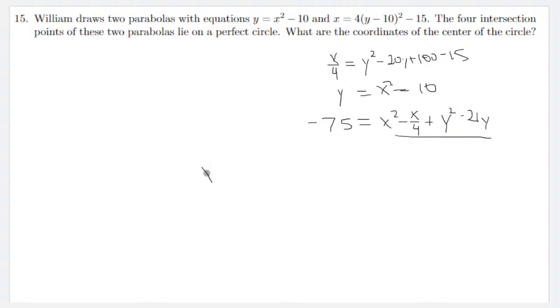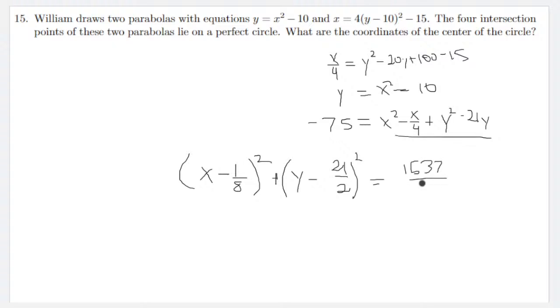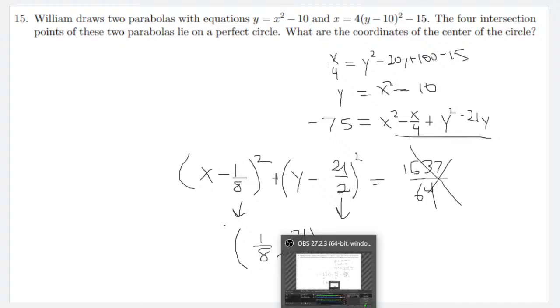In fact, we can rewrite it as x minus 1/8 squared plus y minus 21 over 2 squared equals this value. And so the center of the circle is just these values. And you don't even need to compute this because this is just the radius. This tells you the center. So the center is 1/8 and then 21 halves. And that's all.